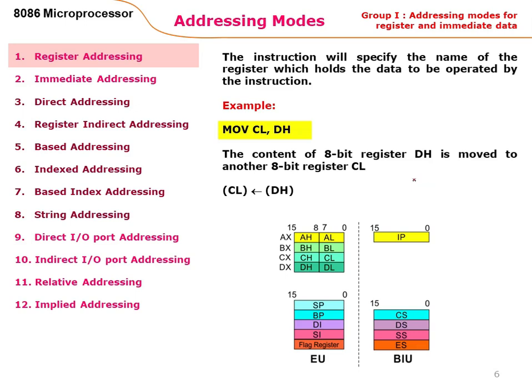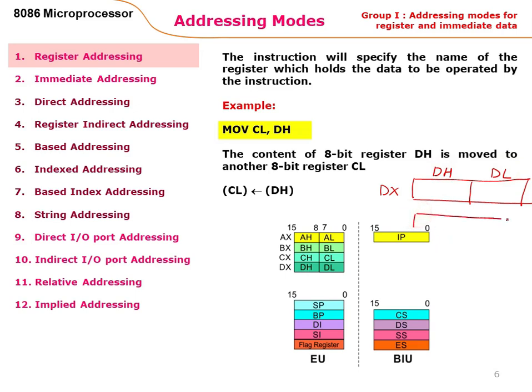Now consider this is our DX register. The lower part is DL and the upper part is DH.